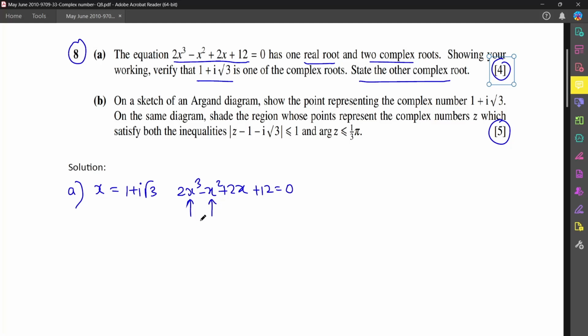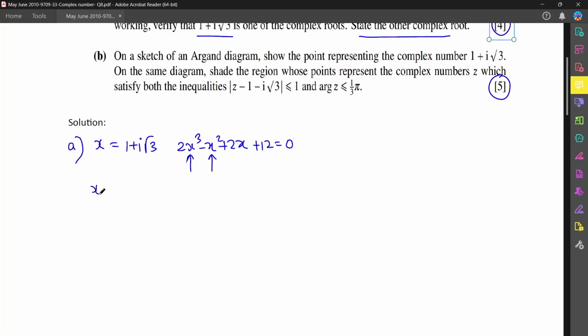So let's see what we need here. We need x cube and x square. So x cube is nothing but x square times x. So let's find what x square is. x square is 1 plus i root 3 whole square.